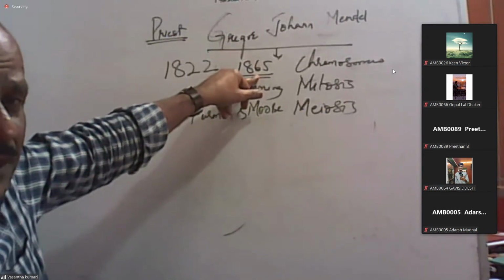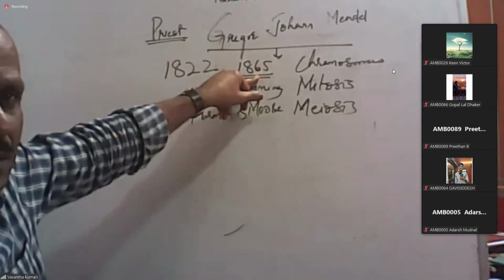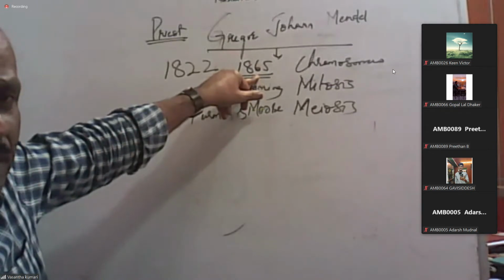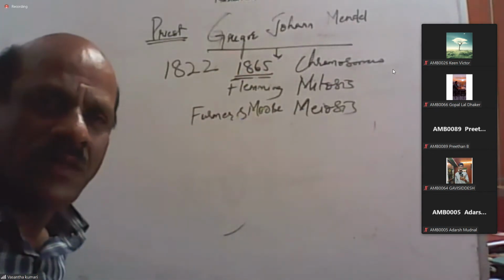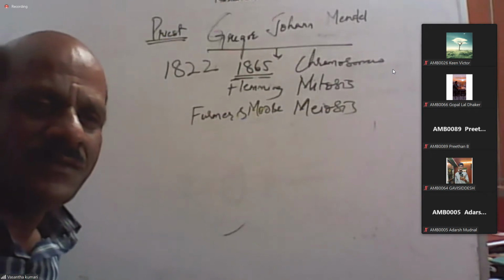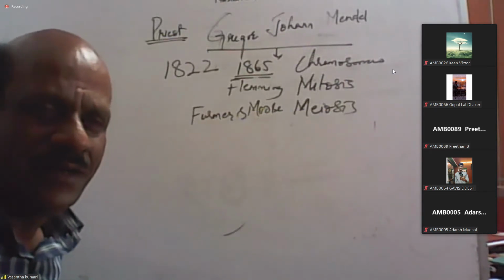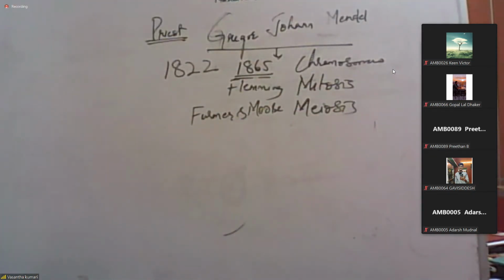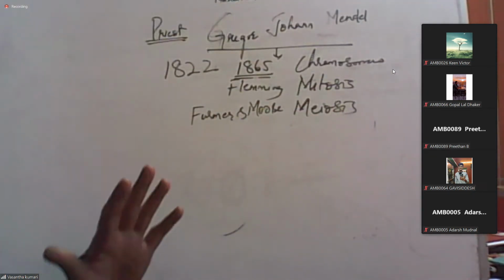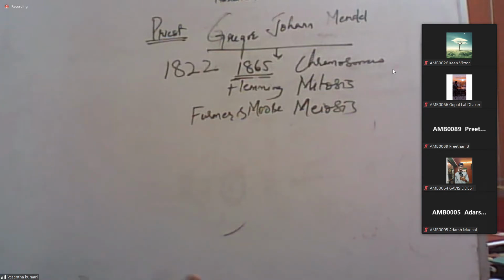There is nothing that can contradict the rules of Mendel. Is it clear? That means to say that whatever Mendel proposed as rules of inheritance holds good even today. Maybe it will hold good for some more years, some more decades, some more centuries.